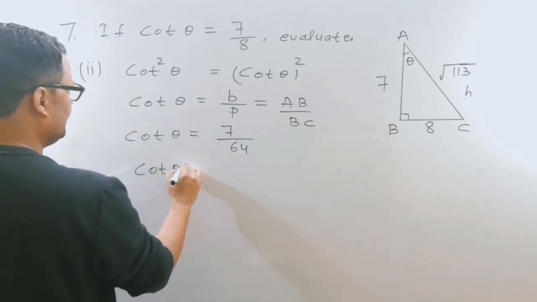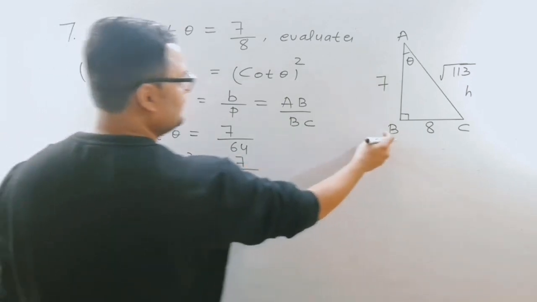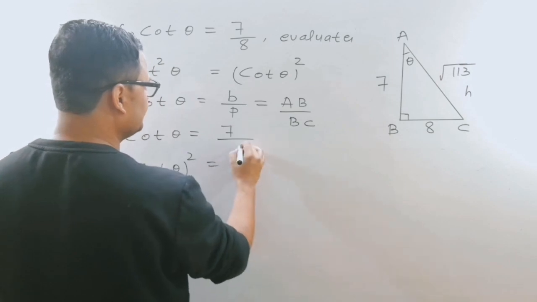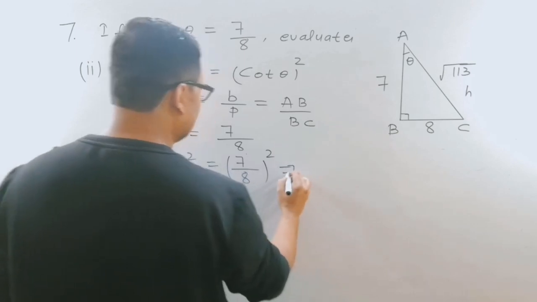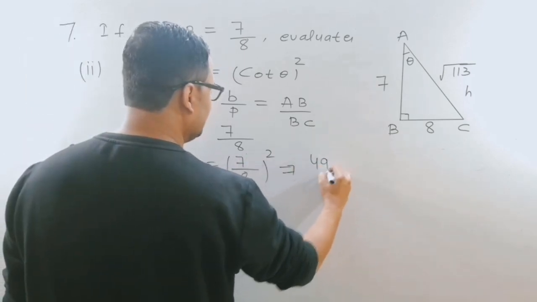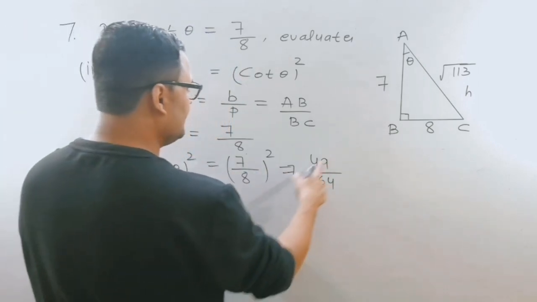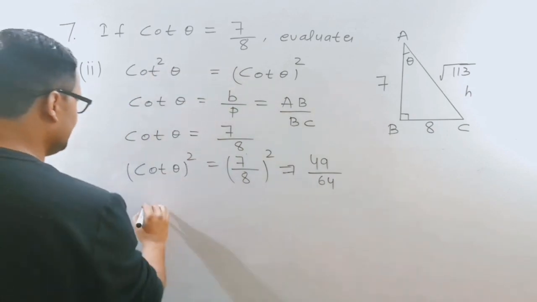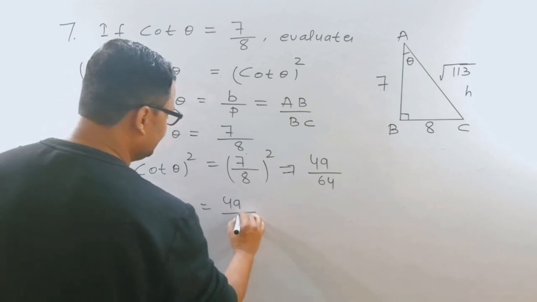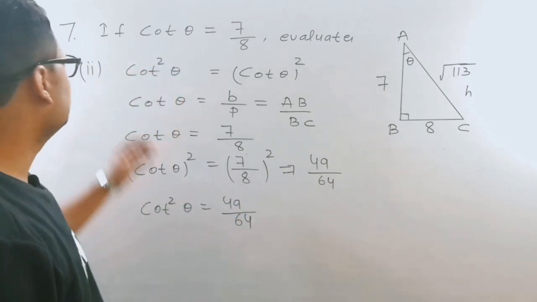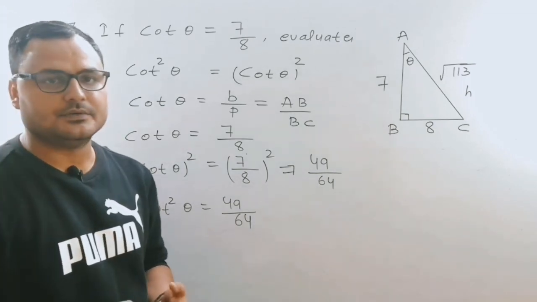Then cot theta square equals 7 by 8 square. When I square, 7 square equals 49 and 8 square is 64. So cot square theta is equal to 49 by 64. So for the second one in 7, the answer is 49 by 64.